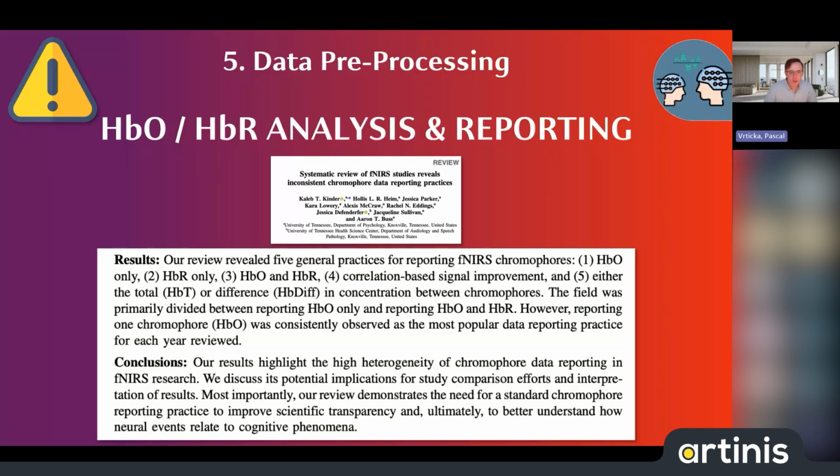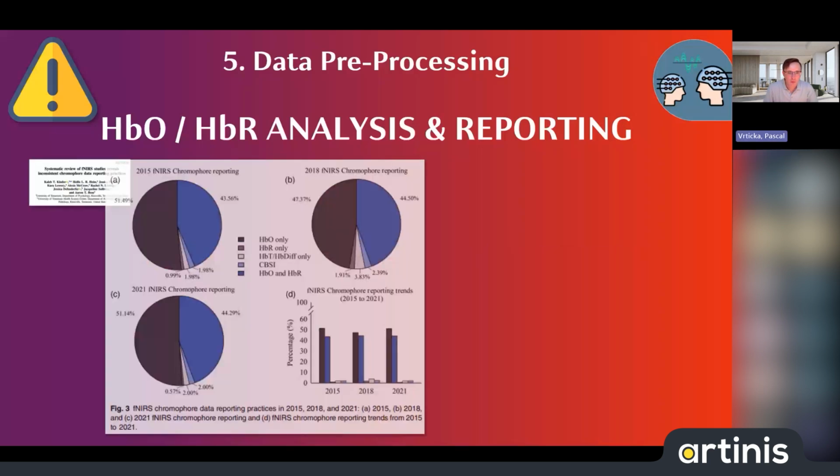Here a review paper was published a couple of years ago that found very high heterogeneity of chromophore data reporting in fNIRS research, so that some studies only report one chromophore concentration and not really the other.